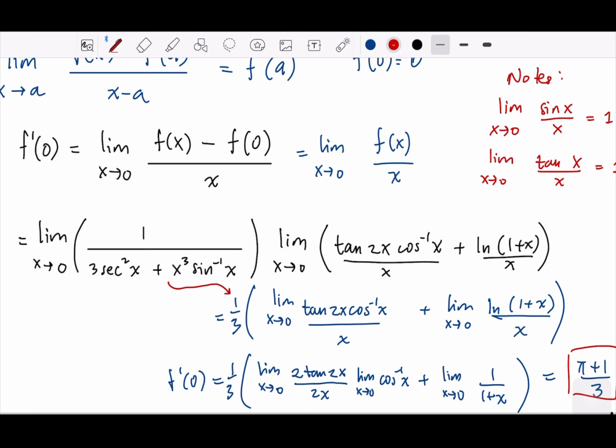So this tangent 2x, we can solve by multiplying with 2 over 2, so tangent 2x over 2x, the terms cancel each other. Well, you could always do L'Hopital's rule here, but I think this is more simplified. It's also 0 over 0, so you can use L'Hopital.